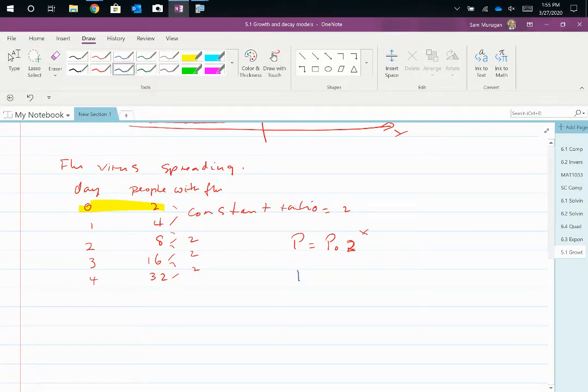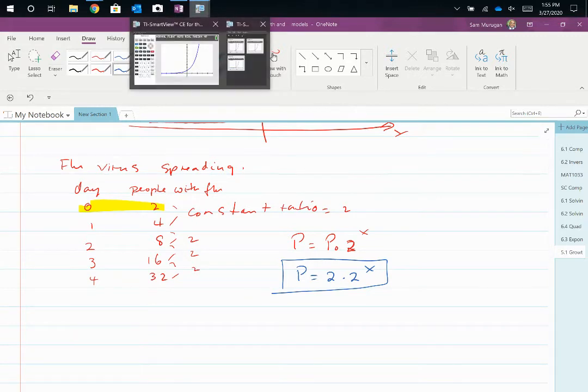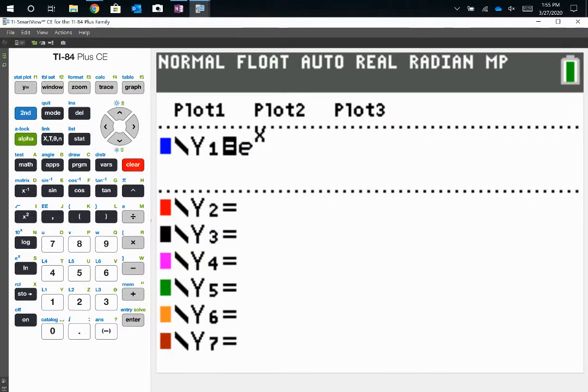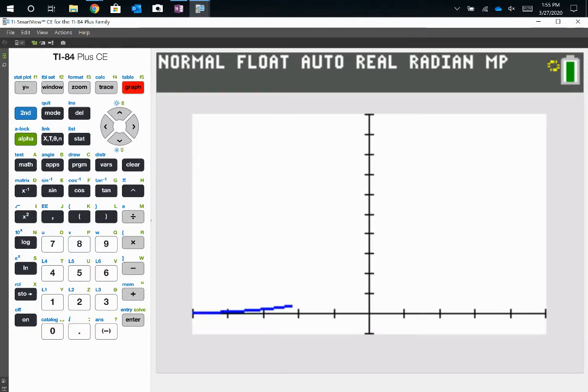So this model is 2 times 2 to the power x. Now, let's graph that model and look at it. Y equals 2 times 2 to the power x. And if we graph it, we see this model that climbs.